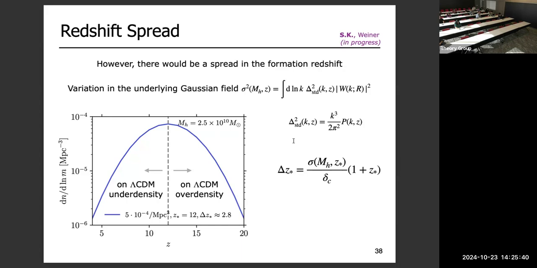For example, in this particular example, you would expect rare halos around 12 plus or minus 2.8, roughly speaking. This is a very simple treatment, but it tells you how many rare halos to expect if a survey focuses on a given redshift with some window in the redshift bin.